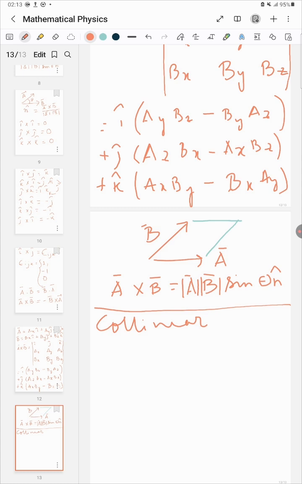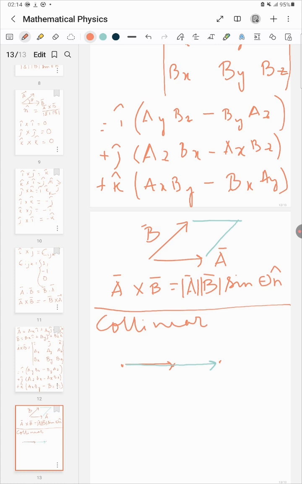So if 3 points 1, 2 and 3, which always give you 2 vectors, vector 1 and vector 2, lie in the same straight line, then they are called collinear. Also, lying in the same line, they won't make any area with themselves. So the cross product between them should always be 0.